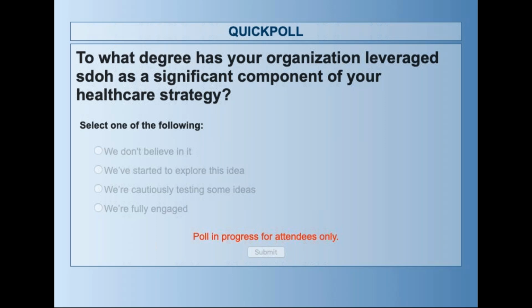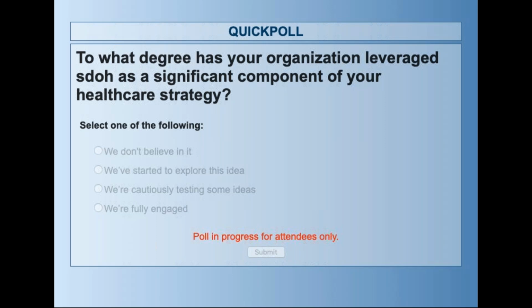And Andrew, is this reflective of what you see in your networks? Yes, absolutely. I think it's all across the spectrum. I think there aren't many that say they don't believe in social determinants, but it's exactly like Dr. Nash said. I think between 2 and 3, people are beginning to explore the idea. They're testing some things, but there's not too many that are all in yet. And part of it is exactly what Dr. Nash said. A lot of physicians weren't trained to address these things.